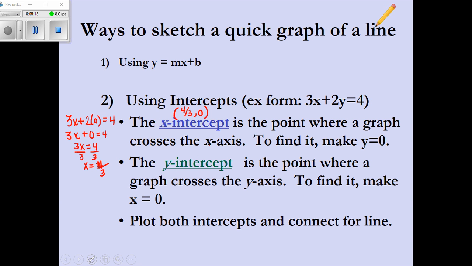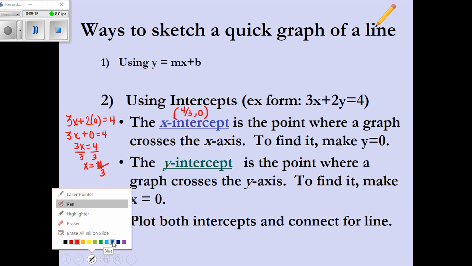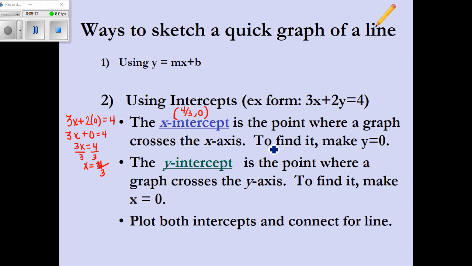Okay, now to find the y-intercept of that same graph, you would take the equation, and the y-intercept is the point where the graph crosses the y-axis. So you would plug in x equals 0. So everywhere you see an x, you plug in a 0.